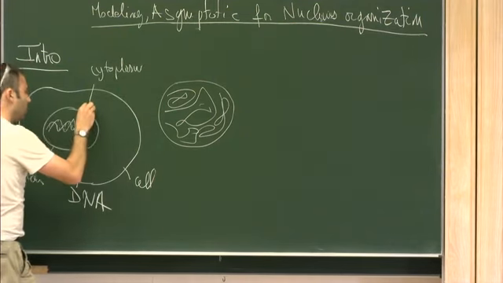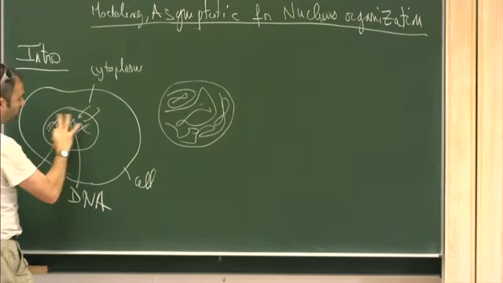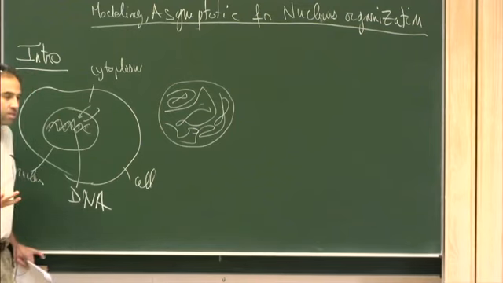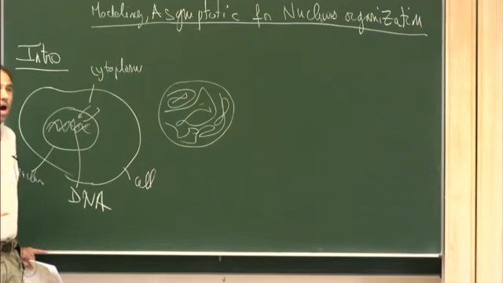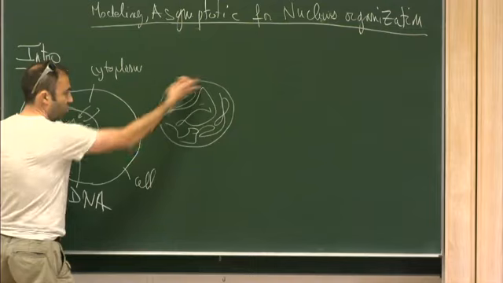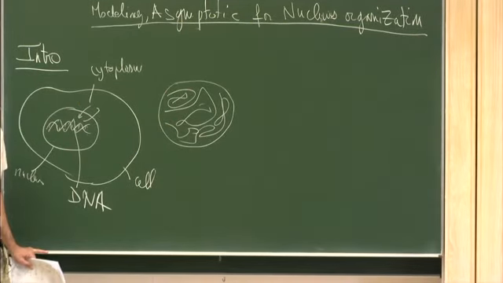I'm not discussing here the fact that you have messenger RNA that can traffic. I'm just concentrating on these specific compartments. And the idea is that function and structure are linked in the following sense. What is structure? This is this. So we want to find order in this. What is function? It is gene expression.